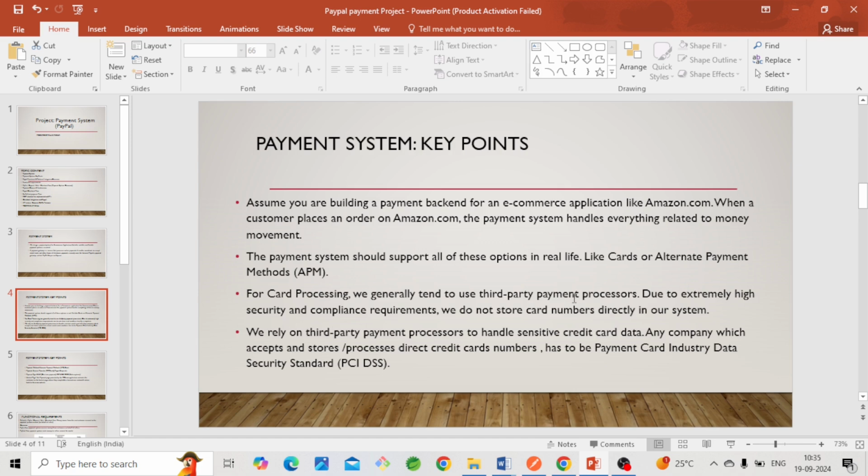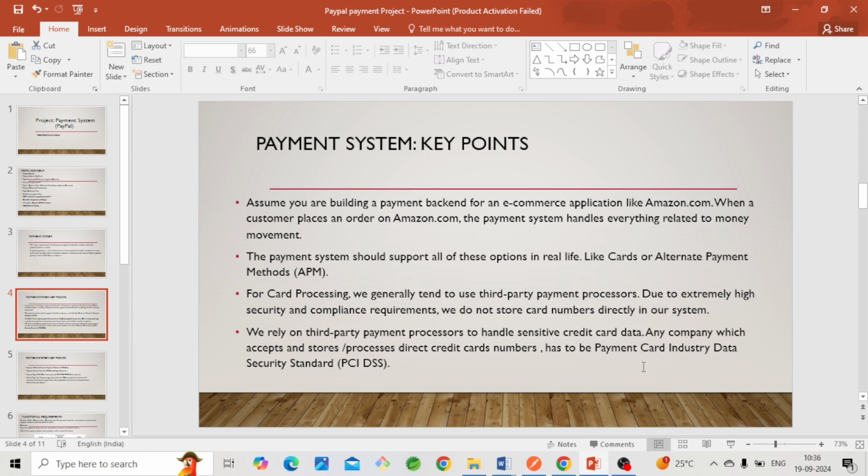So the third-party payment system handles all the payments because that process is complex and has many security issues. That's why the e-commerce client hands it over to the third party. We rely on a payment processor to handle the sensitive credit card data.